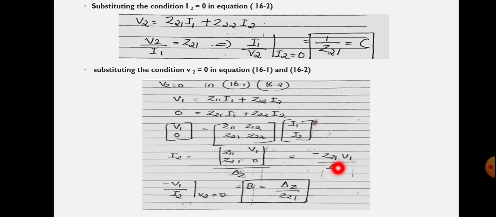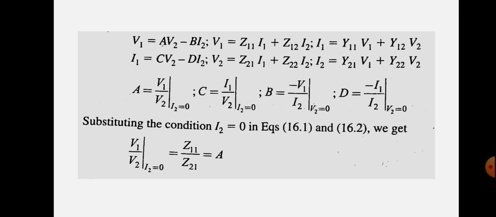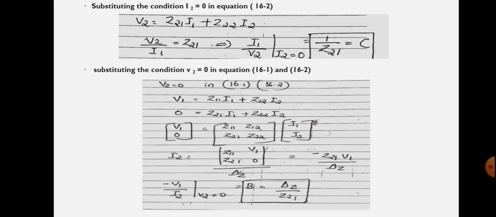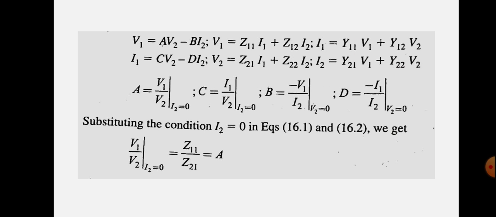I2 can be substituted here, so you will get I2 will be equal to this equation. And in that case, B is equal to minus V1 by I2, and the V1 terms get cancelled. So you will get B will be equal to delta Z divided by Z21. So that is B. So now you found out C, B, A.